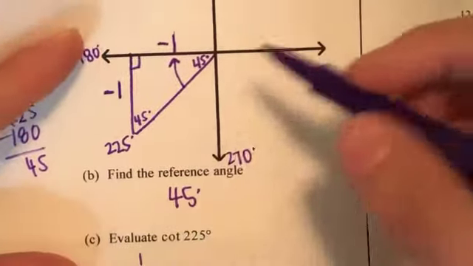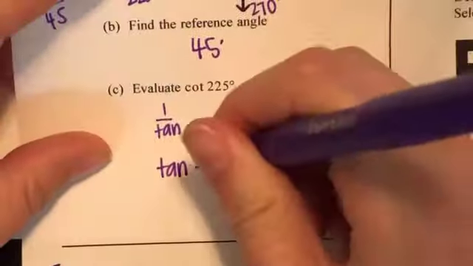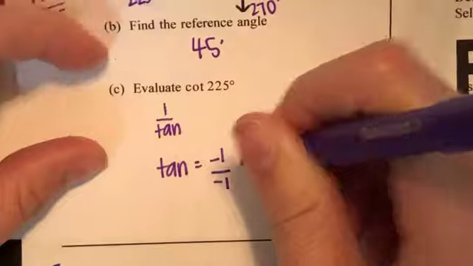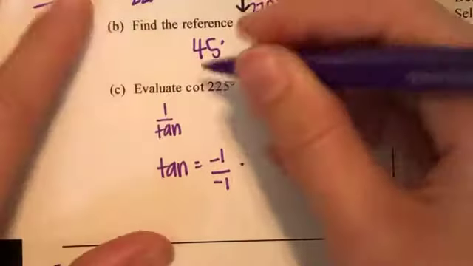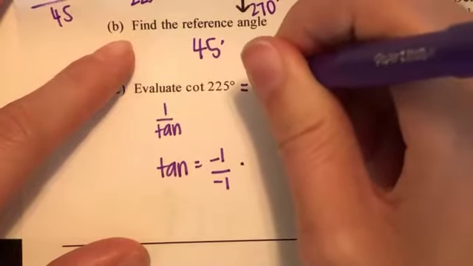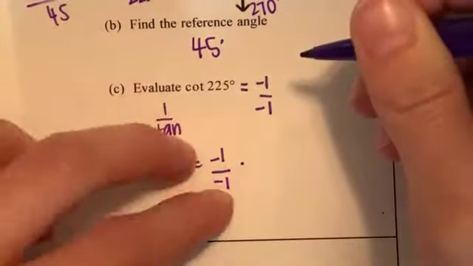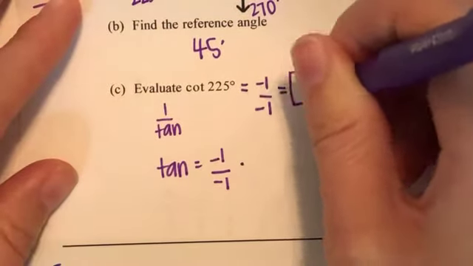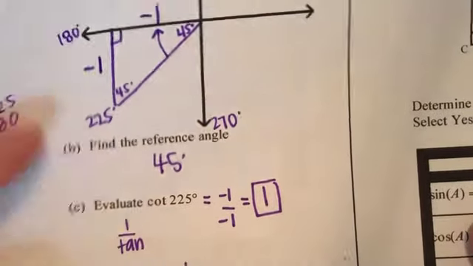So my tangent is opposite over adjacent, so -1 over -1. And so my cotangent, which is the reciprocal of tangent, is going to be -1 over -1, which is +1. So cotangent of 225 degrees is +1.